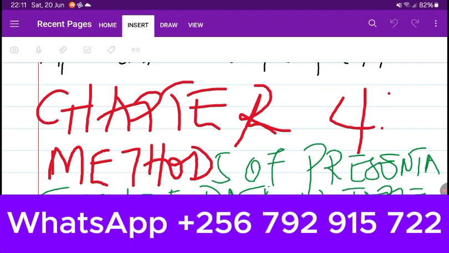So the most convincing and convenient method of organizing data is to, of course, put the data into what we call tables.